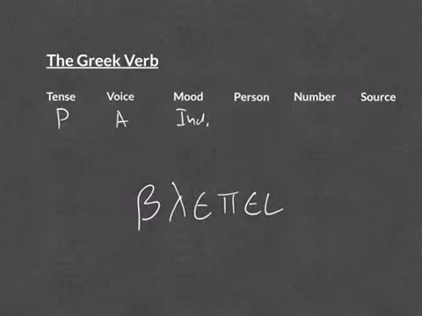If we were to divide this word up, we would put a line right there. So what would actually be the lexical morpheme? Blep. Yep. And what would the A at the end be?